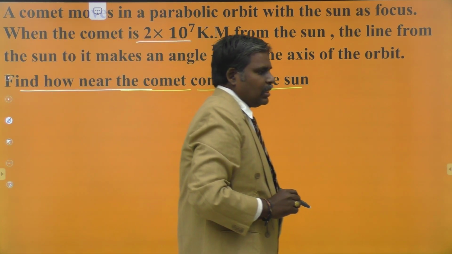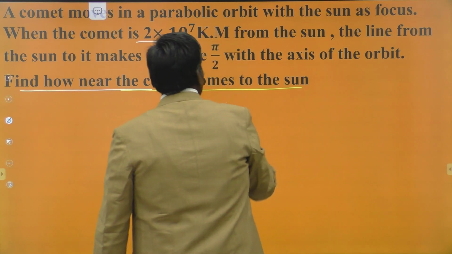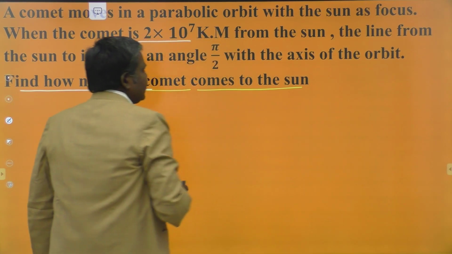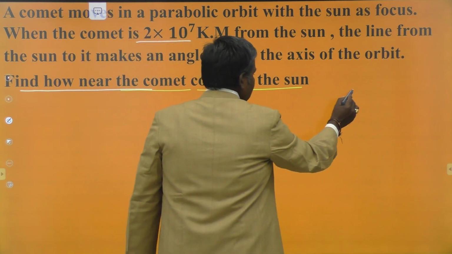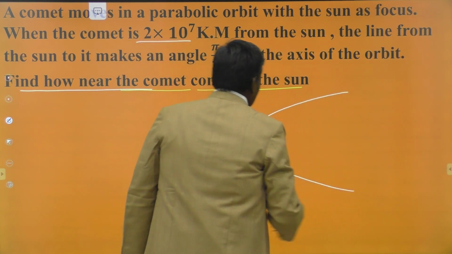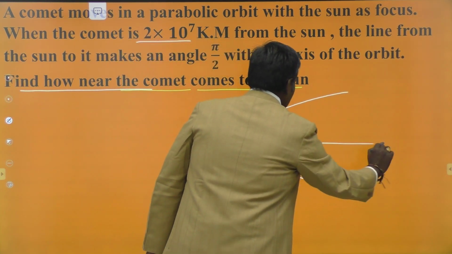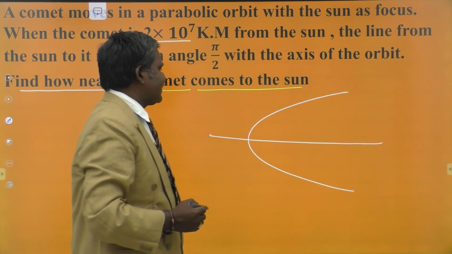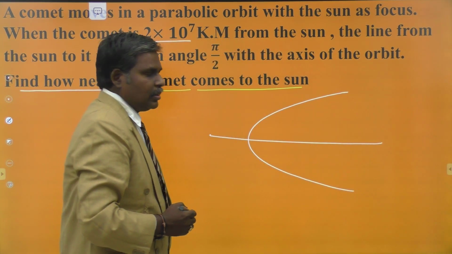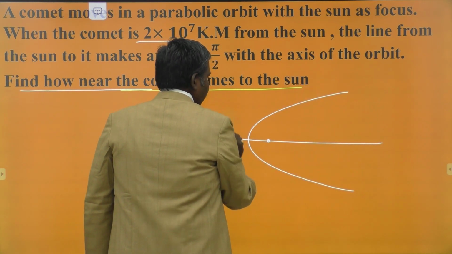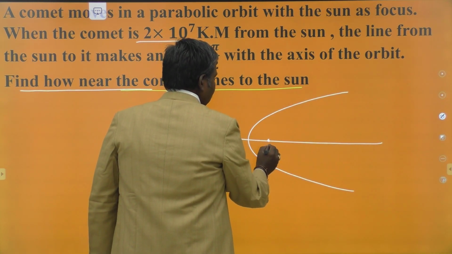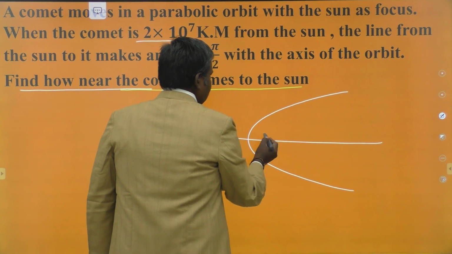A comet is moving in the parabolic orbit with the sun as its focus. Suppose this is the orbit of the comet and this is my axis. The sun is here. S is the focus.